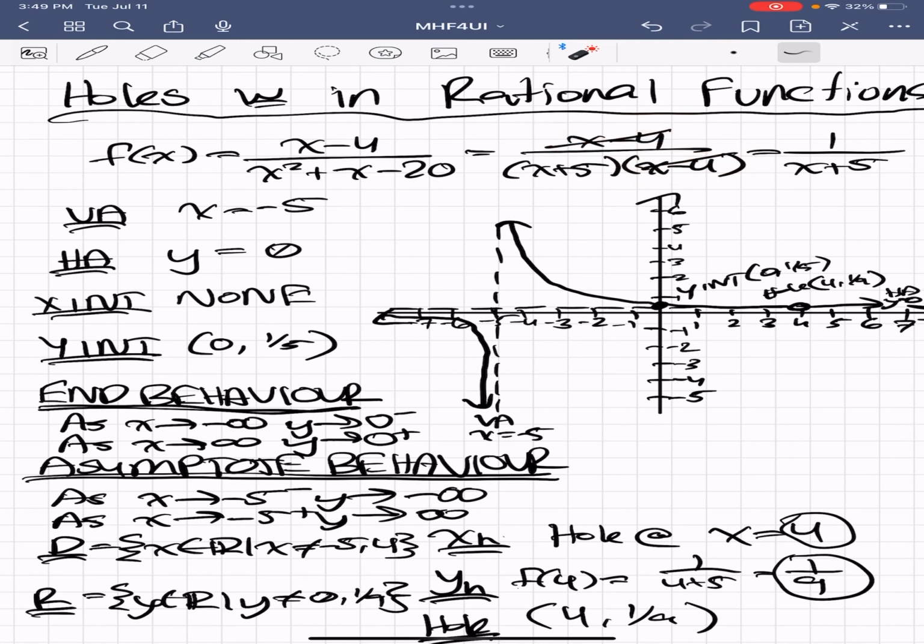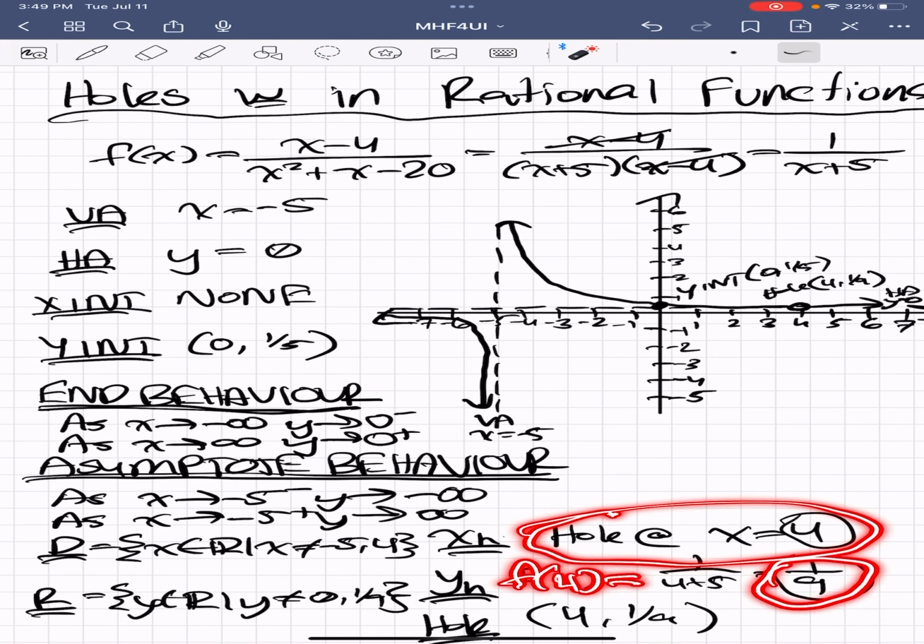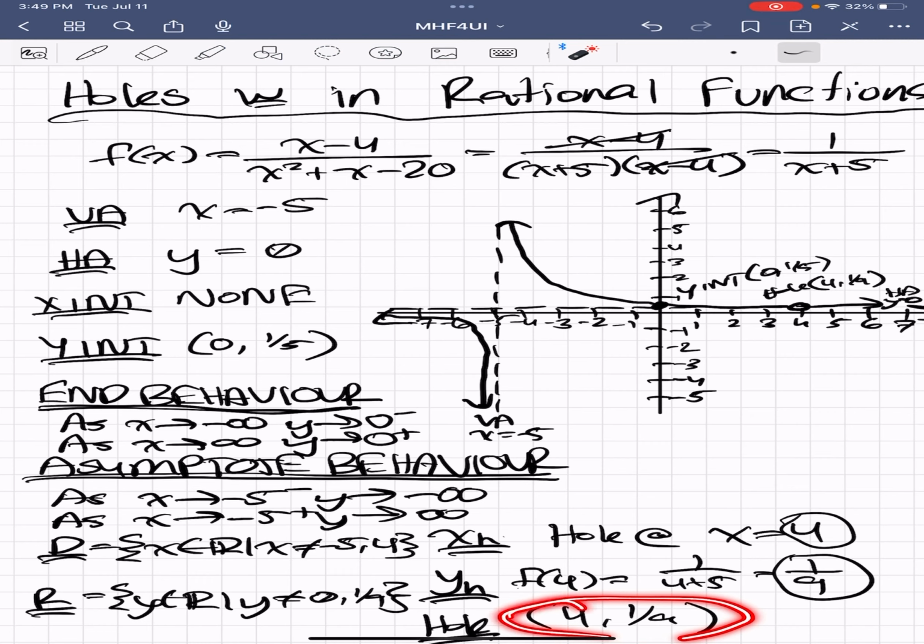Once you solve for x at the factor that you crossed out, you input that value into f of x to find the y-coordinate of the hole. And then you should be left with the hole, and you can graph that hole right there, and it should be good.